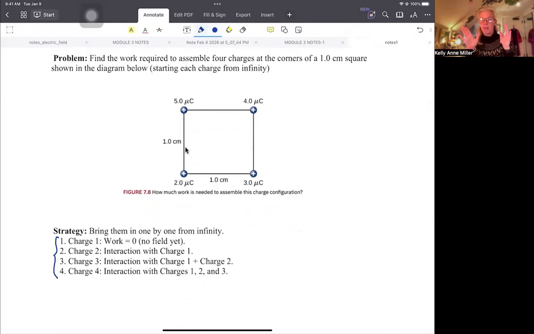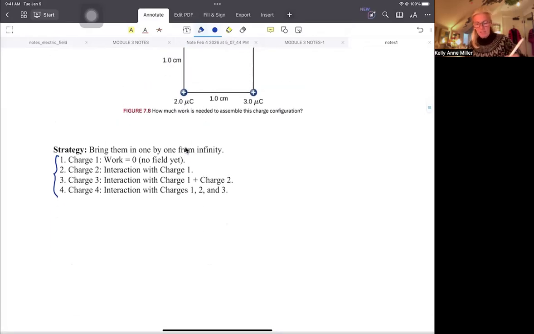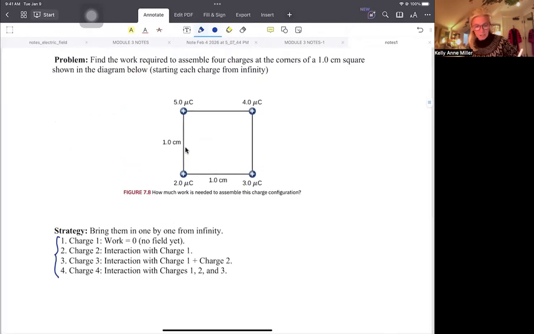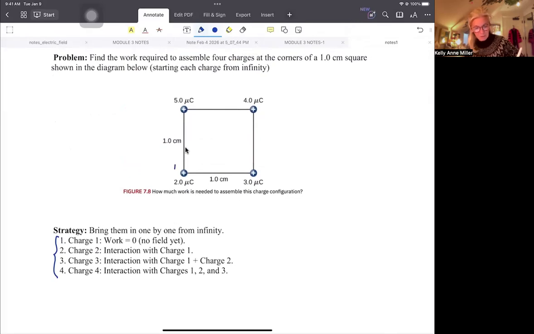Superposition also applies to the potential energy, so you can just add the work for bringing each charge into that space and then add them all up together. Let's go through step by step. I'm going to label these charges 1, 2, 3, and 4.